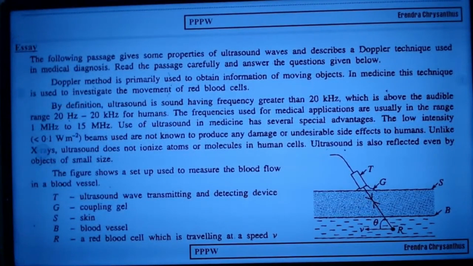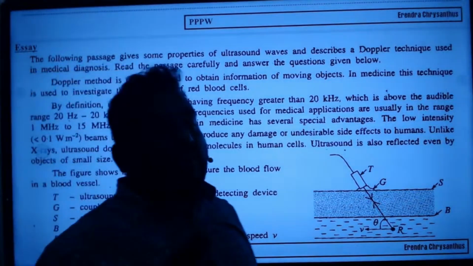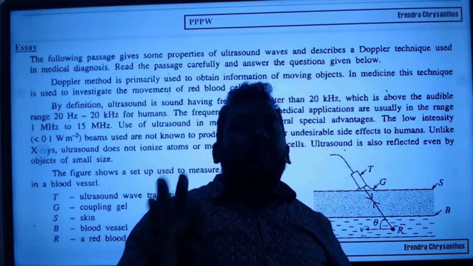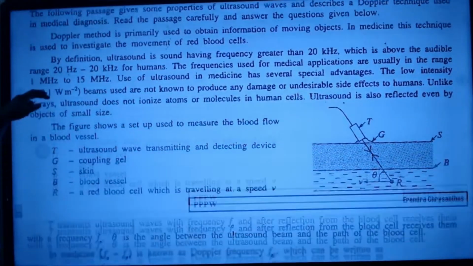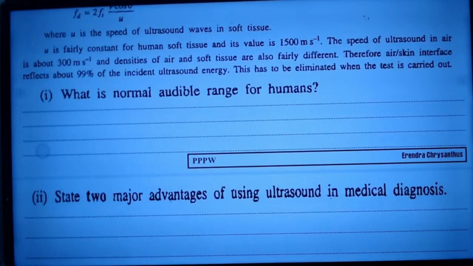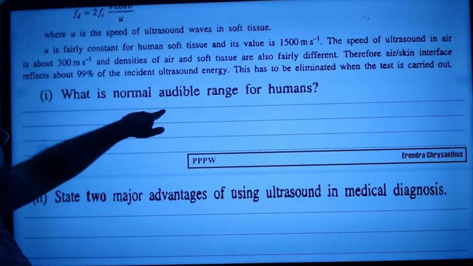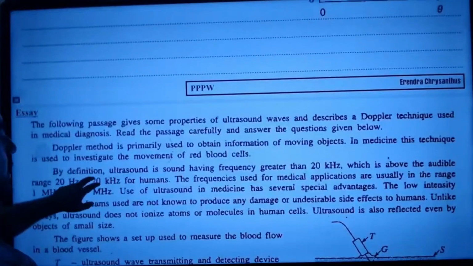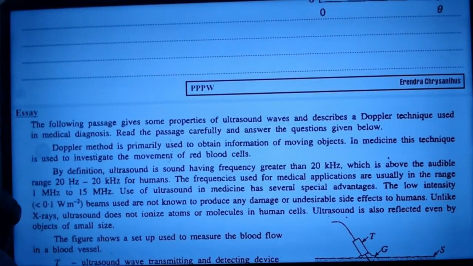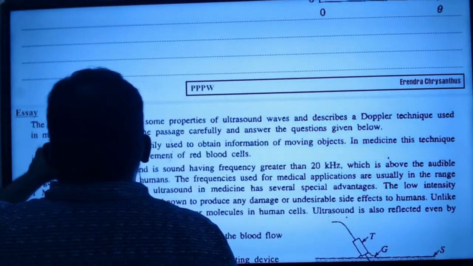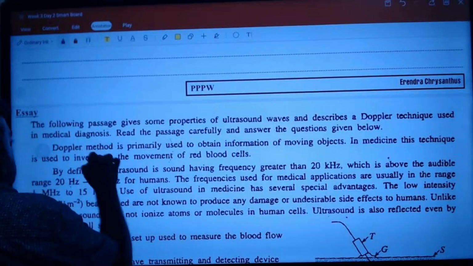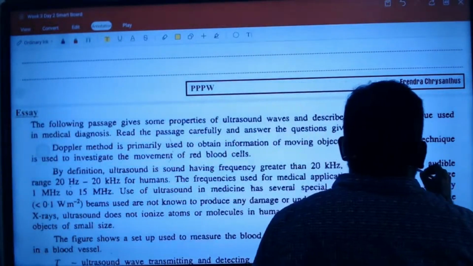Okay, now passage question. Now the trick or the art of doing the passage question is never read the passage fully. So what you should do is go to the question and then find the answer here. What is the normal audible range for humans? Go and see what they are saying. So by definition, audible range is between 20 to 20 kilohertz.